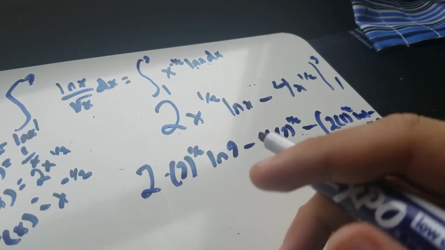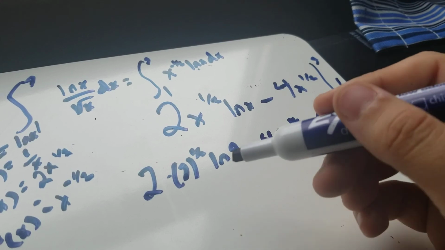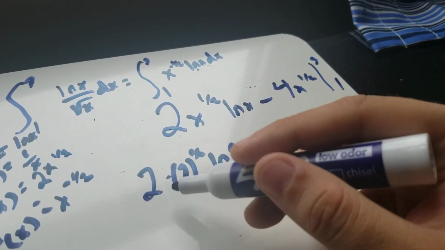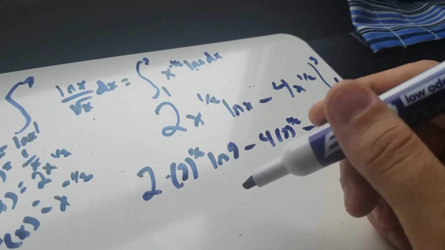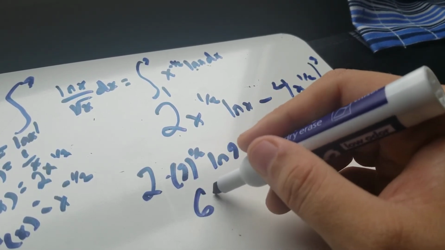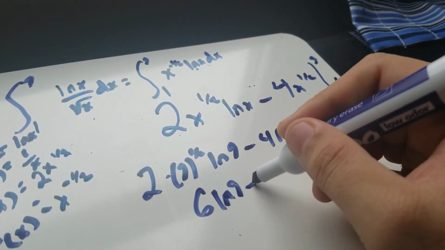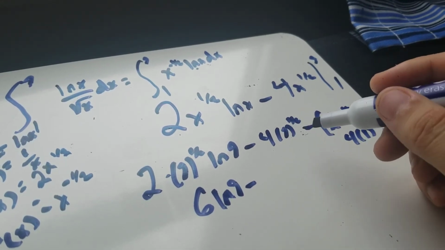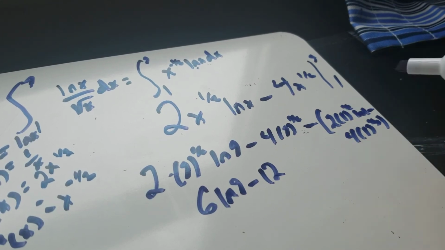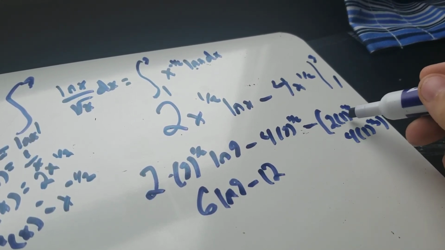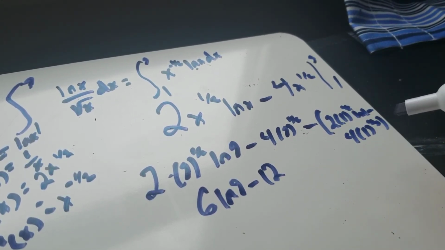Okay, so let's take care of one at a time. Over here, the square root of 9 is 3. 3 times 2 is 6. ln 9, I don't know what that is, so I'm just going to leave it as 6 ln 9 minus 4 times 3 is 12. Over here, we're going to get 2 times 1 times ln 1.